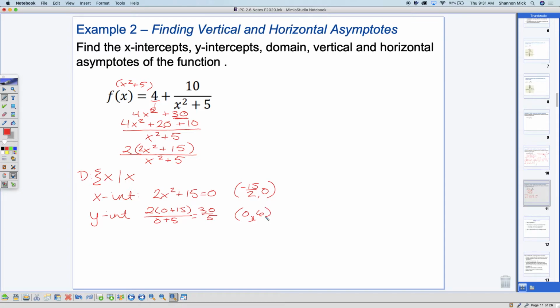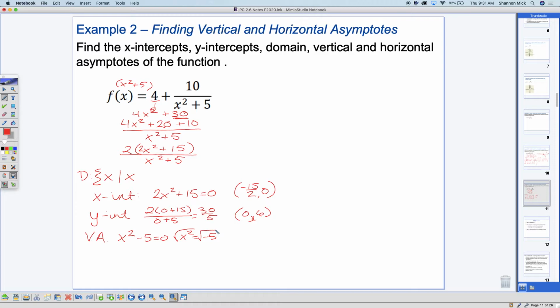And then what next? VA. VA, what does VA stand for? Vertical asymptote. How do I find vertical asymptote? Set your denominator equal to 0. Again, what we were going to do with our domain, right? So that would be x squared equals negative 5. Square root.